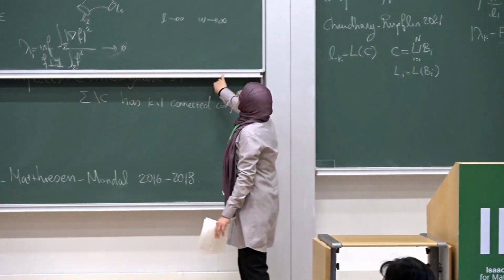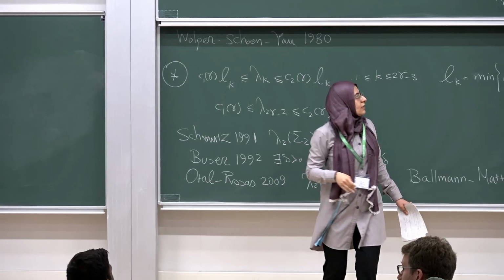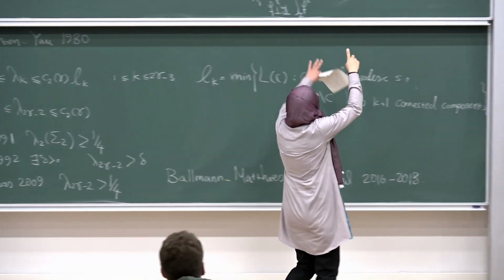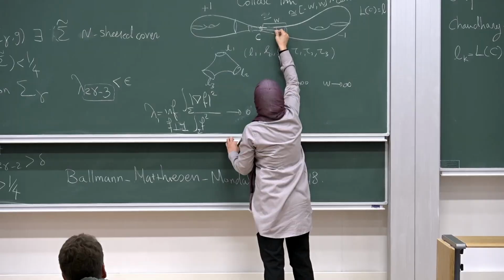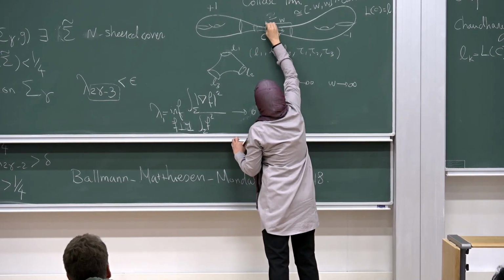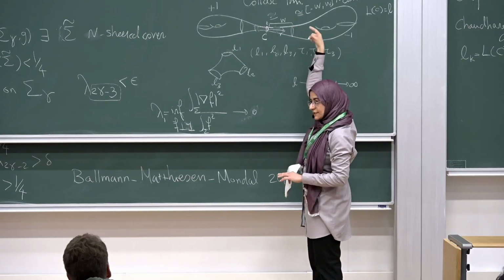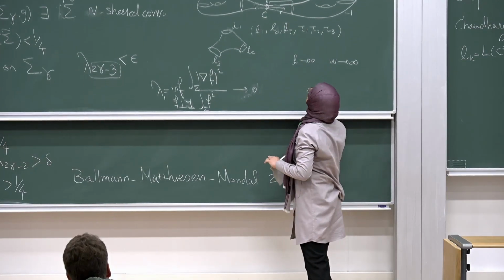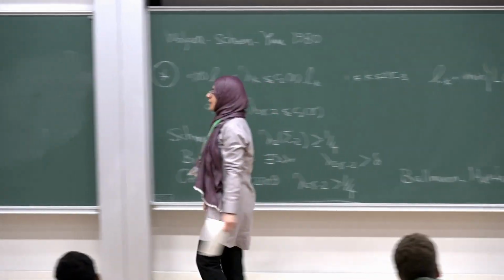R is the distance from the circle, and T is the parameter on the circle.